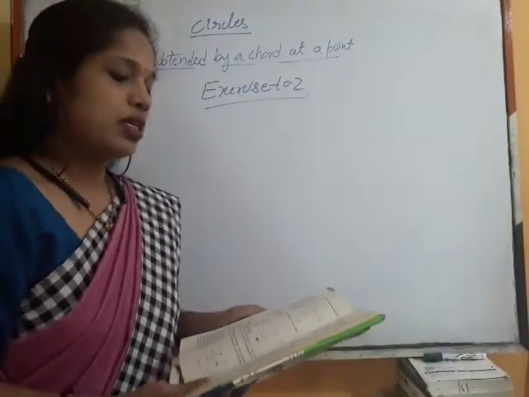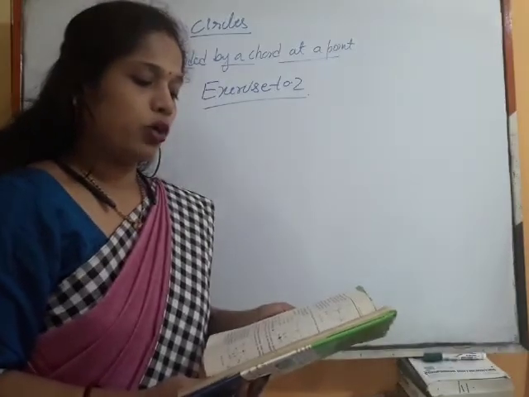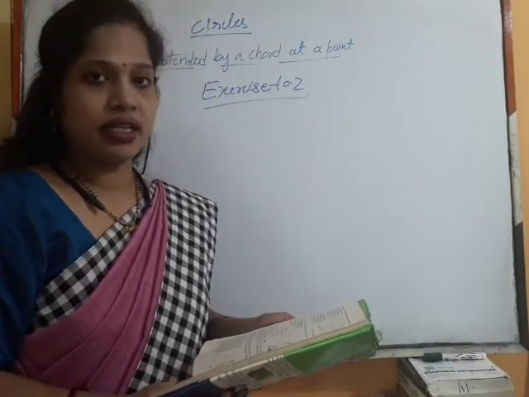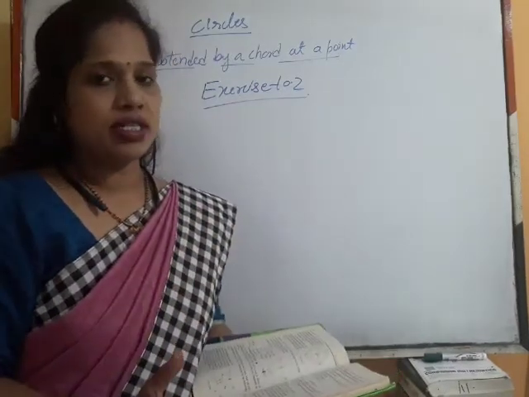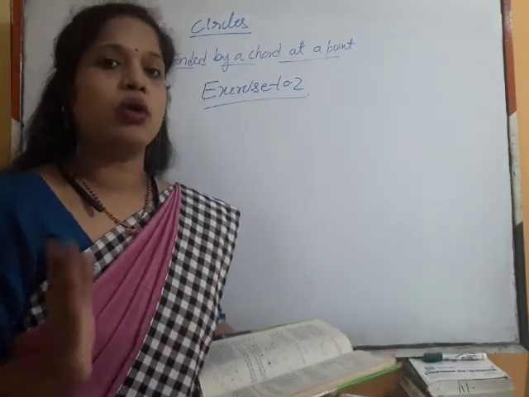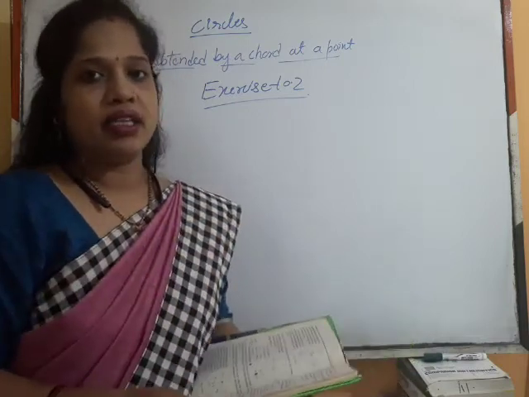Recall that two circles are congruent if they have the same radii. Prove that equal chords of congruent circles subtend equal angles at the center. Yes, just now what I have discussed, two congruent circles, if they have two equal chords, then they will definitely subtend equal angles at the center.